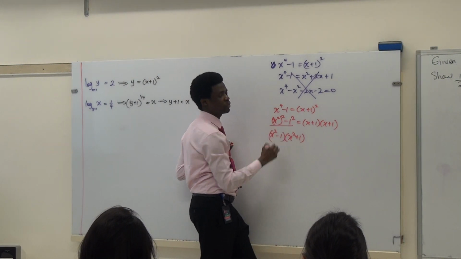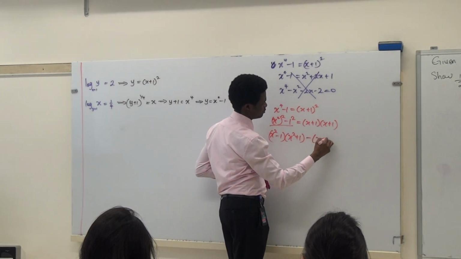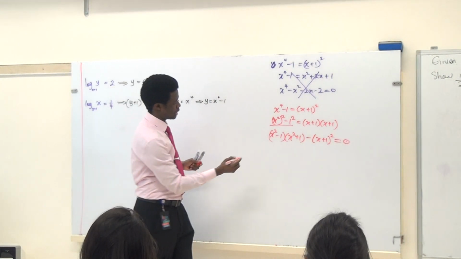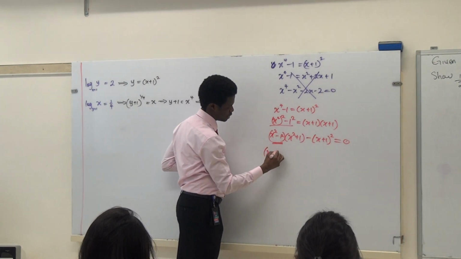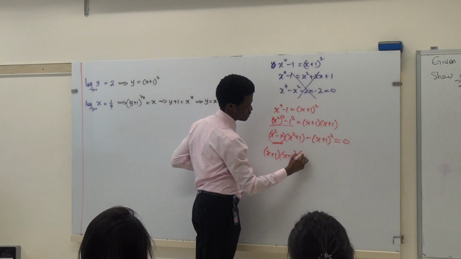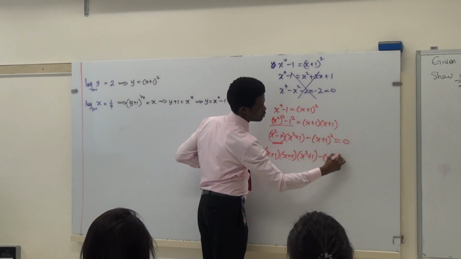I use difference of two squares on this. I can bring this to the other side. Actually, I can leave it as x plus 1 squared. Okay? Then I can apply difference of two squares again here. Then I get x minus 1 or x plus 1, whichever one comes first. And this is x squared plus 1 minus x plus 1 all squared equals 0.